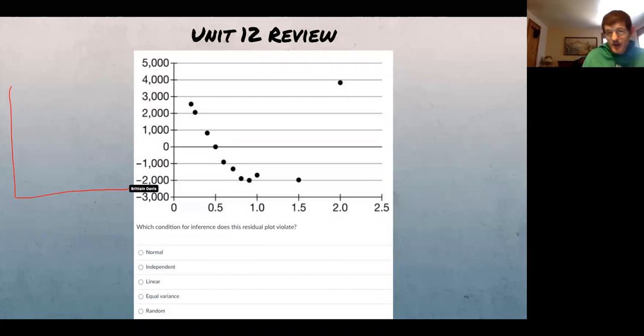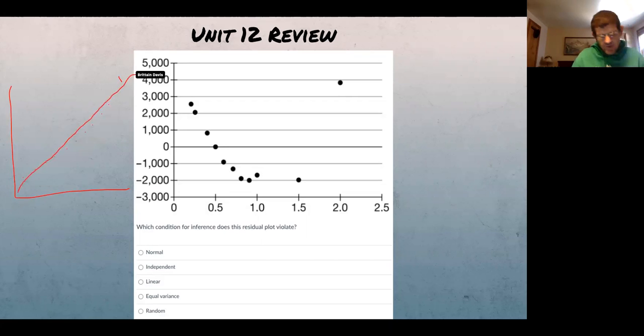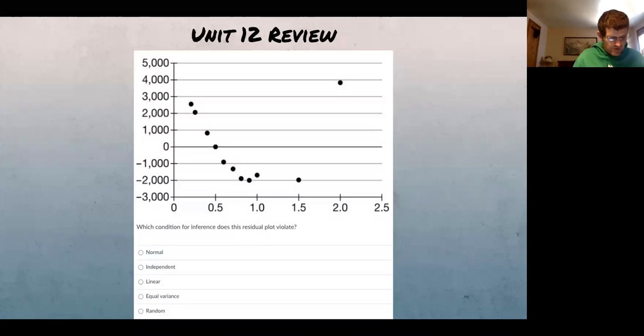So it is entirely possible that the scatter plot could look like this, and the nonlinear trend only appears, or is very clearly there, when you look at the residual. So it's the linear condition right here that's being violated.